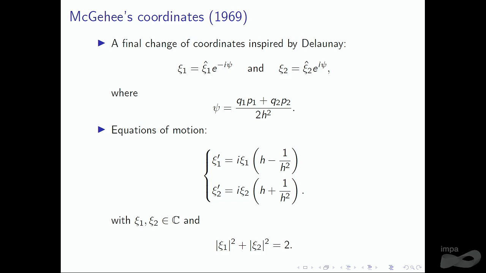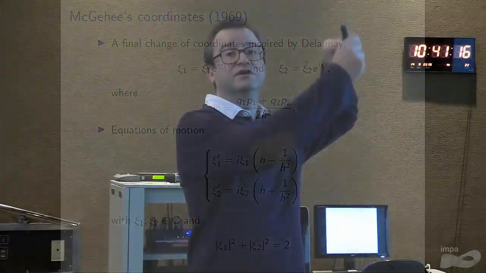Another thing that is very important from this expression here, first of all, h is a number bigger than 1. So what we see here in both factors is a positive rotation. It rotates positively. Okay?